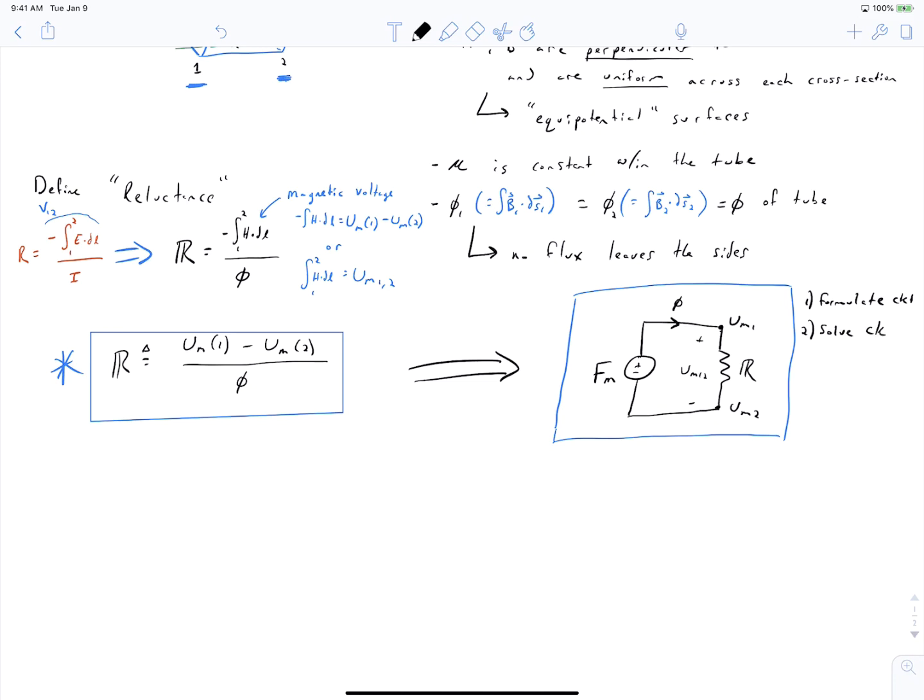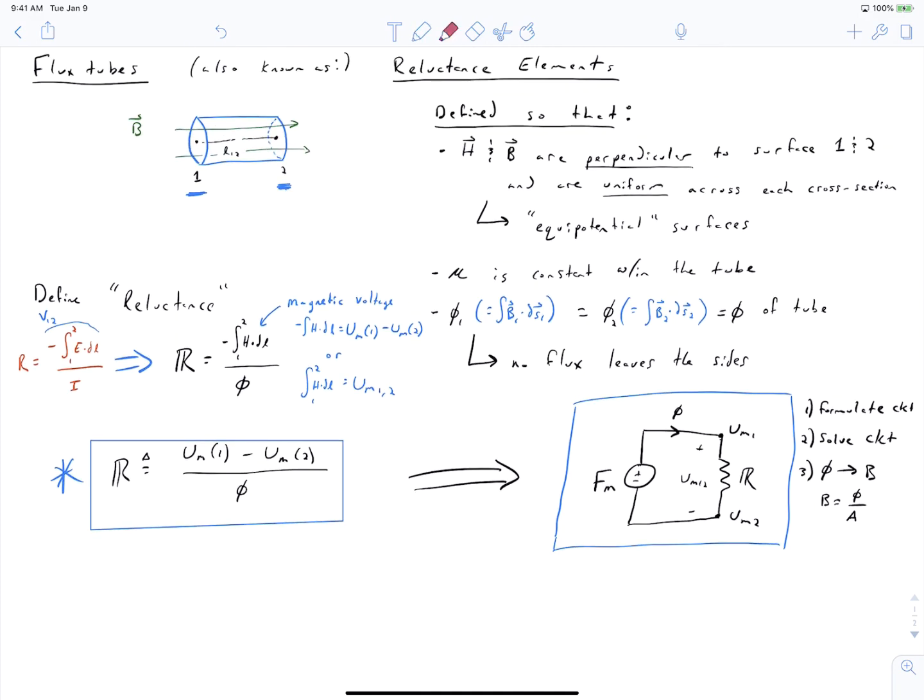So we figure out our MMFs, our magnetic voltages, and our fluxes, and then we can convert phi to flux density by saying that B is equal to the flux tube flux divided by the cross-sectional area of that flux tube, or the surface of the flux tube. Because remember that there are two surfaces. You have surface 1 and surface 2, and in general, they may actually have different cross-sectional areas.